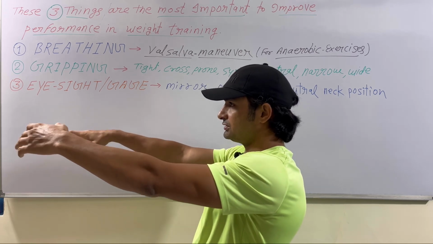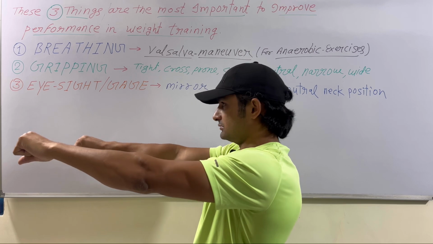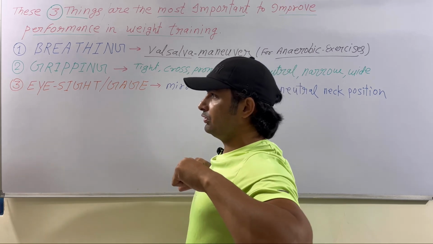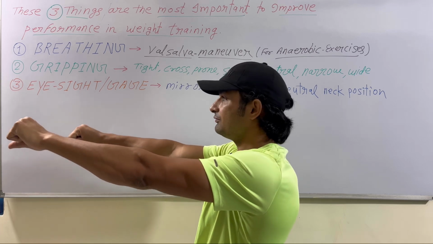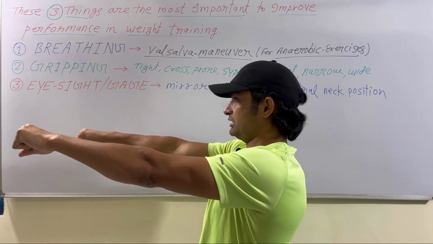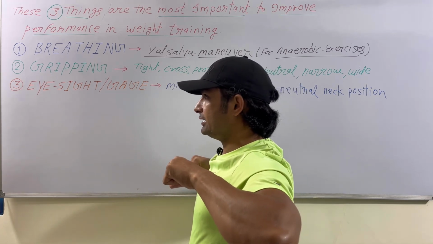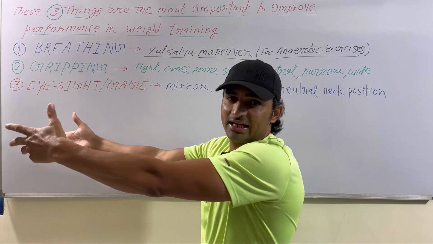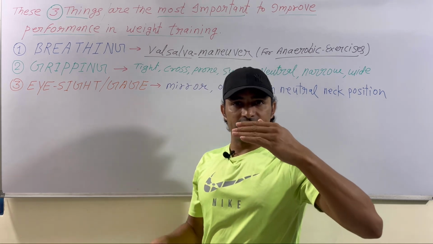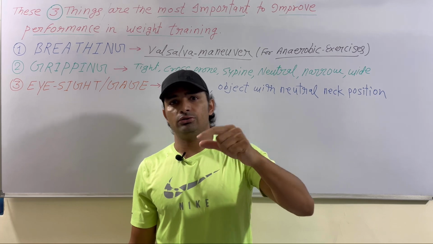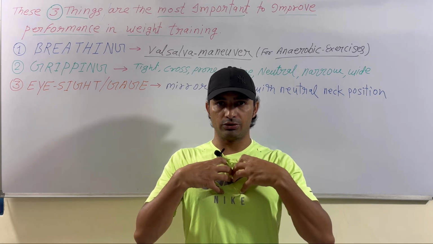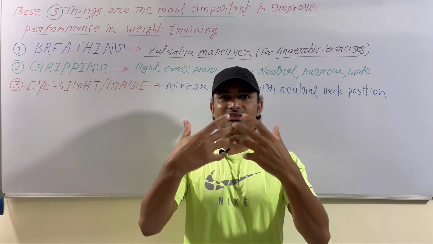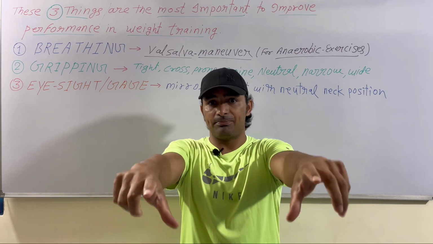From here first you have to inhale, then go down to the full bottom, then push up and then exhale. So at the starting point you have to change breathing: inhale and hold your breath, and do not exhale until you finish the repetition.